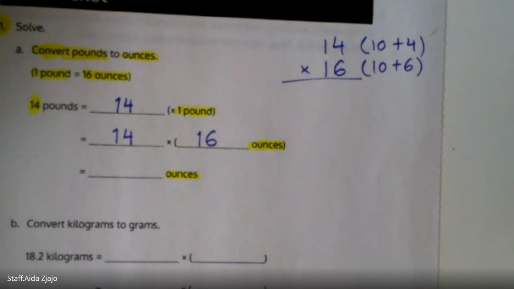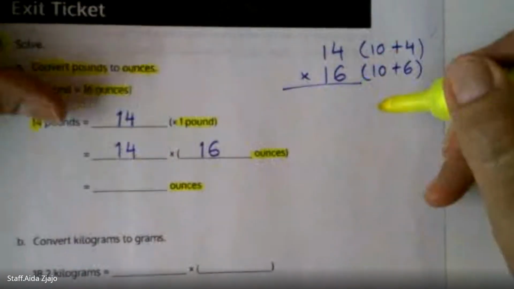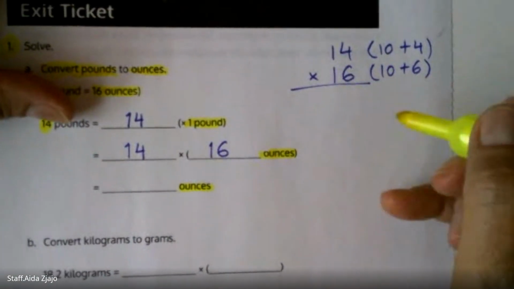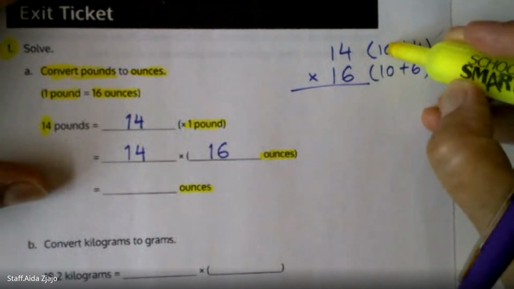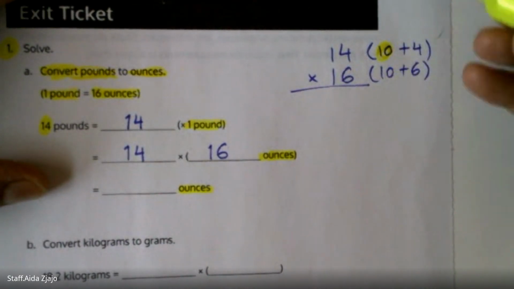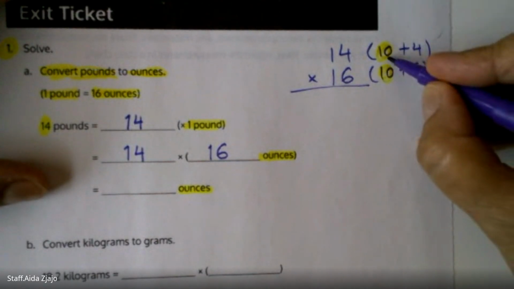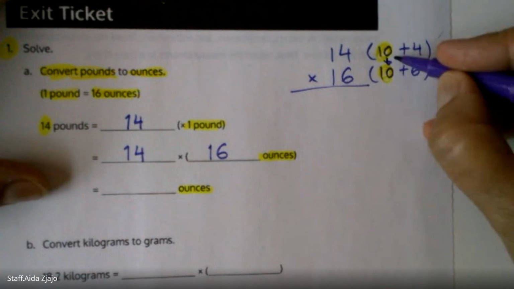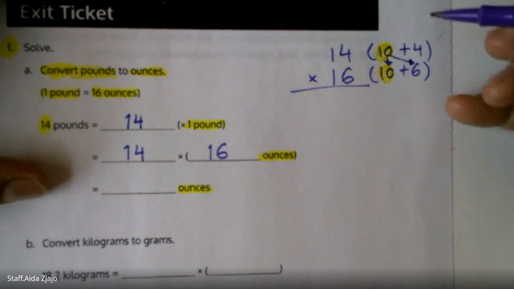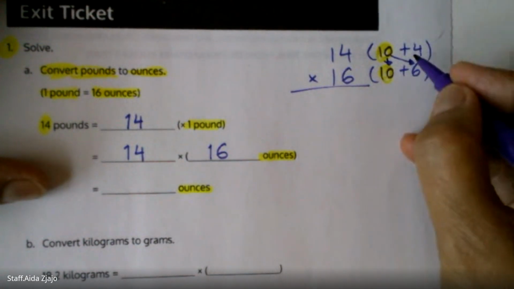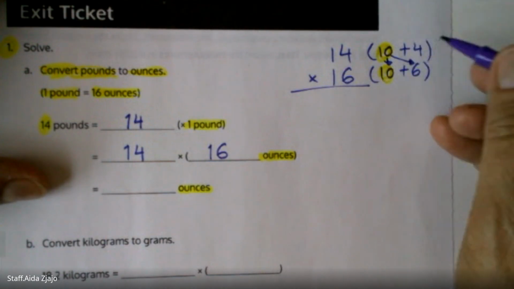Now I'm going to use that to help myself write the partial products. First I could do 10 times 10, or I can do 10 times 6. It doesn't matter which one. I can start with 4 times 10 and then 4 times 6.